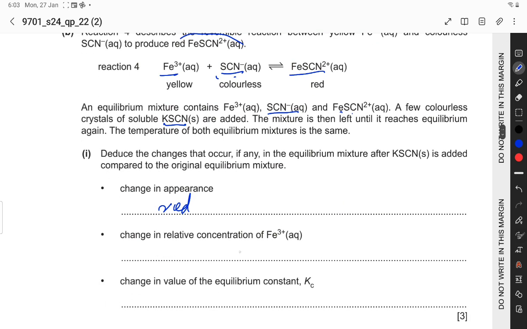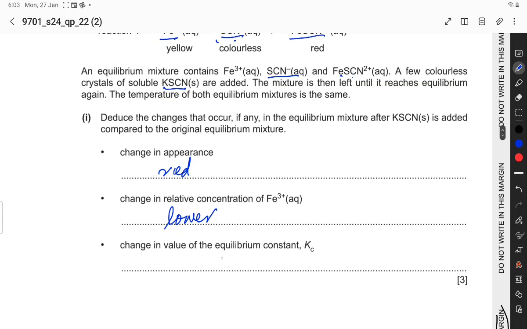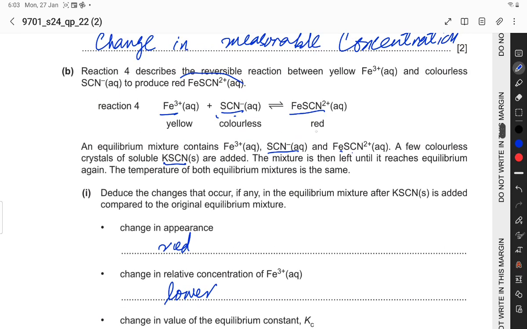For the change in relative concentration of iron 3, the equilibrium will shift forward, so the concentration of iron 3 is lower. Change in the value of the equilibrium constant Kc: no change, because Kc is only temperature dependent. So there is no change in Kc if the concentration of any reactant or product is changed.